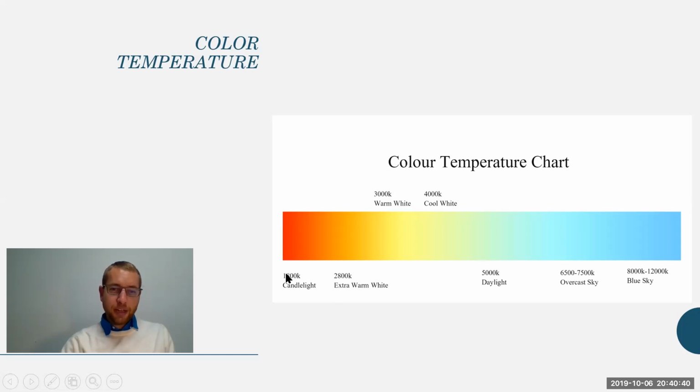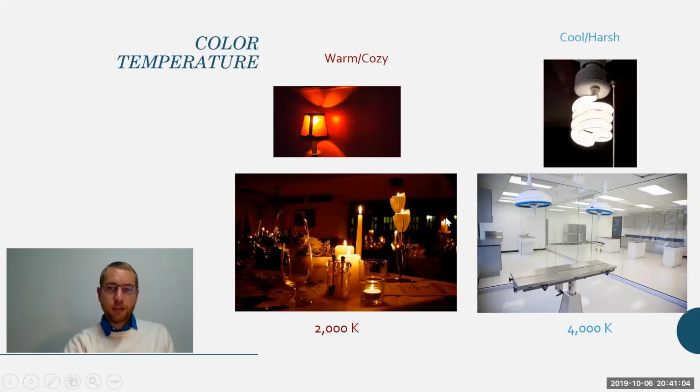So at 1800 Kelvin is kind of this candlelight color, and then this orange portion is what we would call kind of a warm white color, or a warm light. And the brighter we get, actually the hotter in terms of temperature, the more it becomes kind of that whitish, or what we call cool white color.